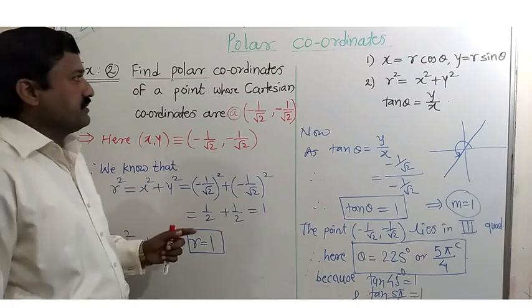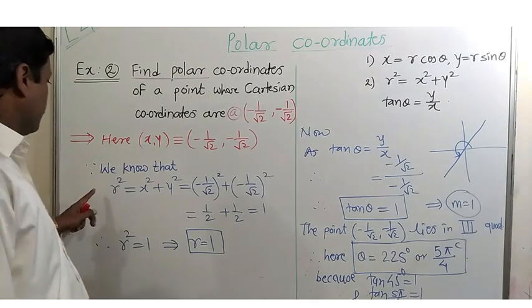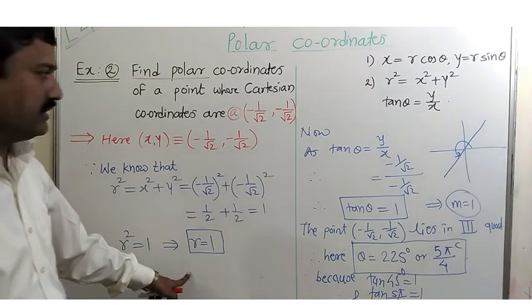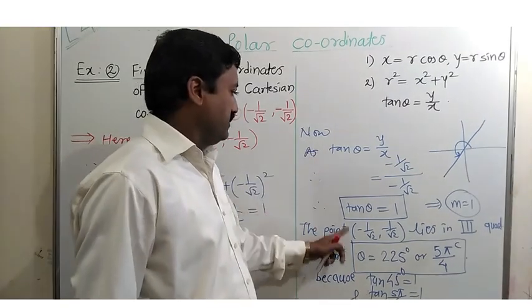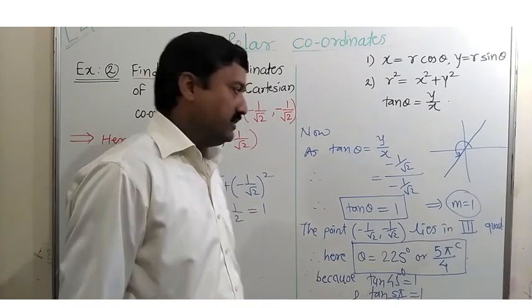So in this example also there are two steps. In the first step we will find the value of r, and in the second step we will find the value of angle theta.